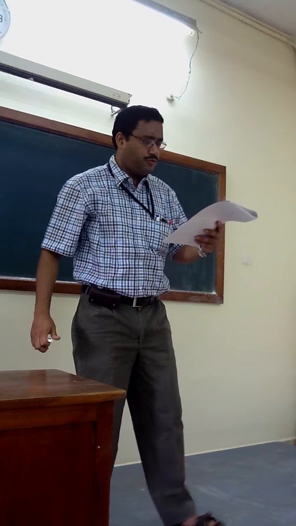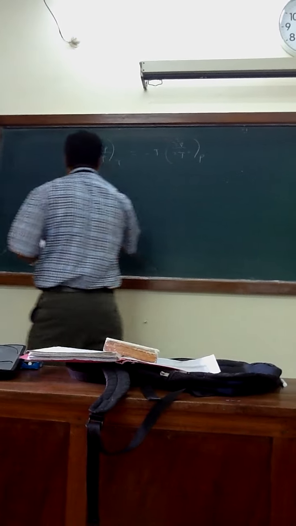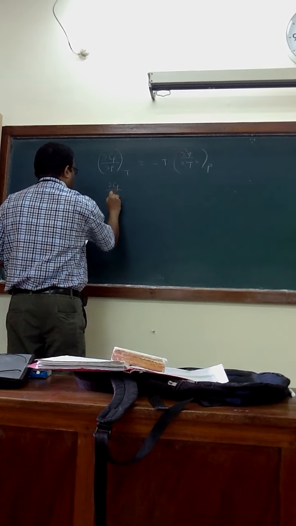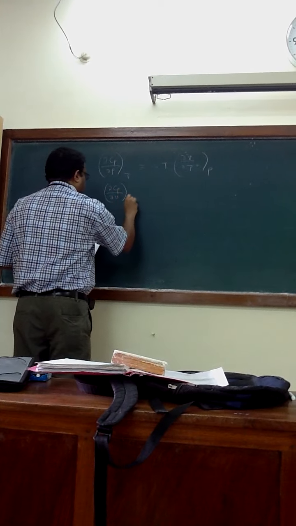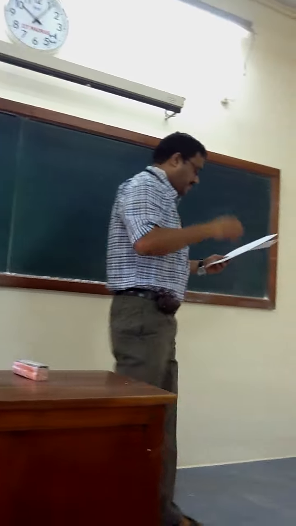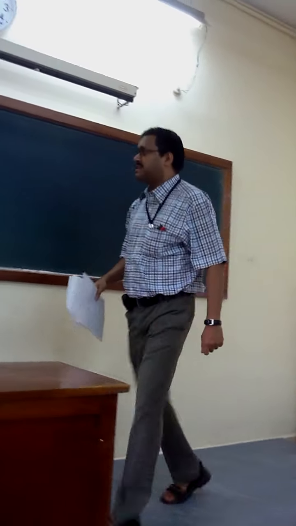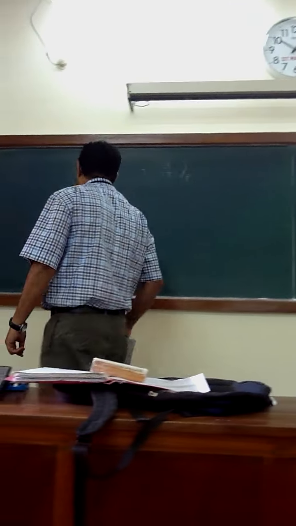Now, the next proof I will give is dou Cp by dou V at fixed T. How to prove it? You know how to prove it. What's the first step? How should I start?